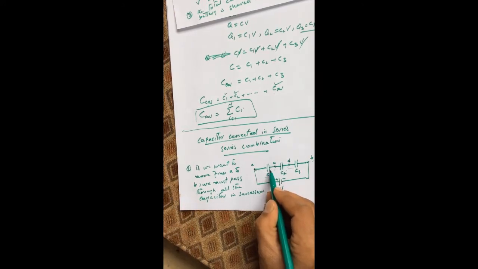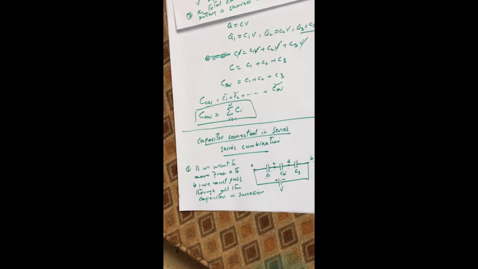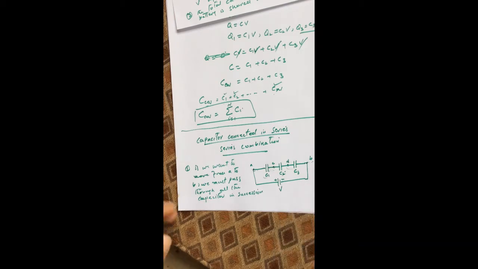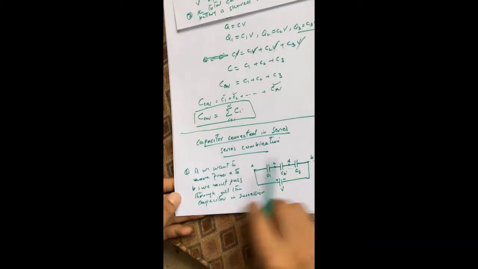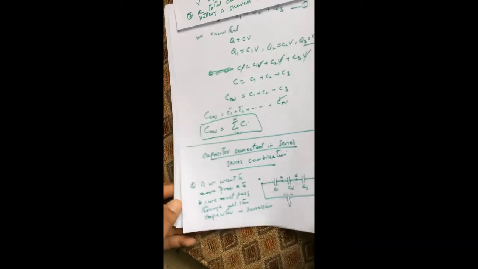Like first we will move through C1, then C2, then C3, and finally we will reach point B.